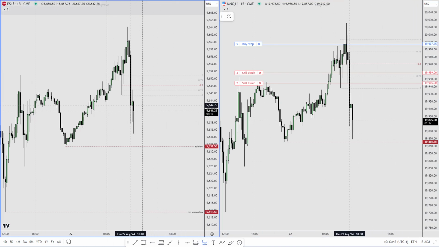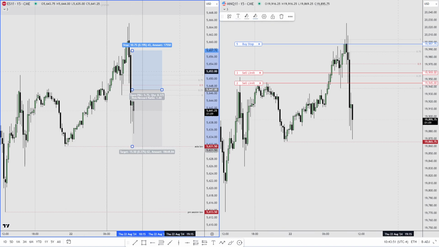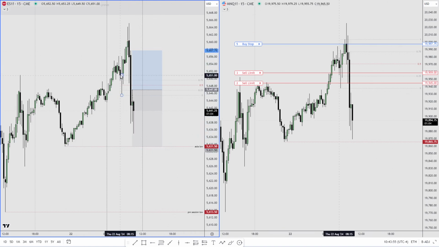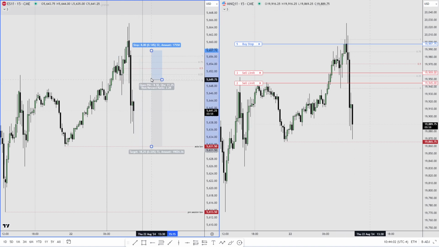On ES, 10 points. Oh, this is slightly worse. Unless ES comes into this level here, then it would be a good bargain.